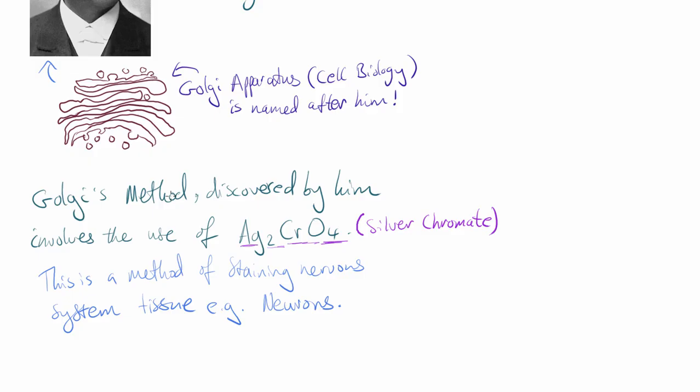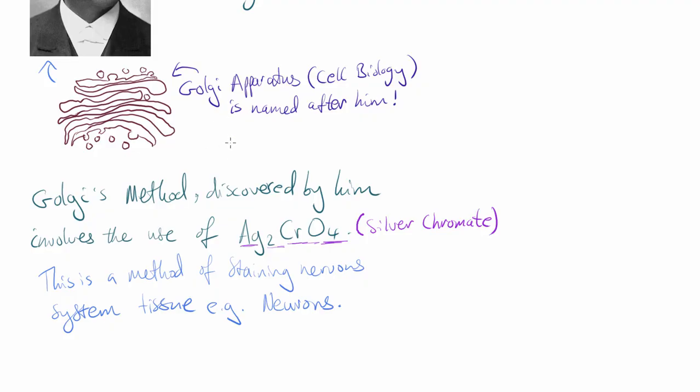And part of his method involves silver chromate. It's specifically in relation to staining, effectively creating a contrast in nervous system tissue, so that you can study it more easily. So he derived that method, and the method's effectively named after him. It has some other names, but yeah.